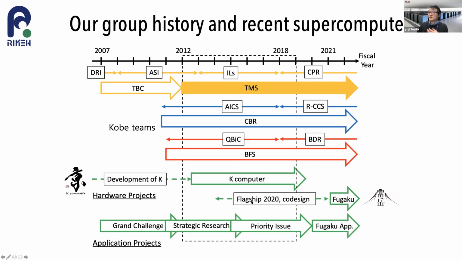At that time, we just called it post-K, but finally the name became Fugaku. In parallel to this hardware project, we have the application project, priority issue, and now we have another 5 years. This is a 3-year application project. And Fugaku started its operation last year, and we are fully using these computers.